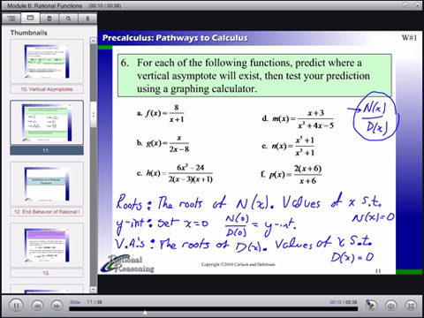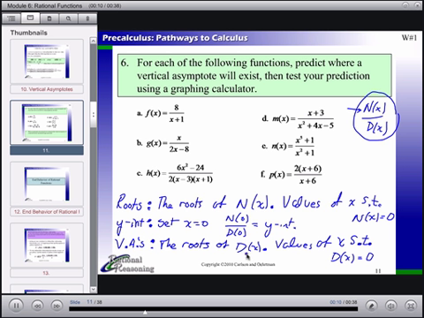Things get haywire when you try to divide by 0. If you get close to that, as we saw with some examples last time, the function either gets very, very large positive or very, very large negative close to a 0 in the denominator. And you just plain can't put a 0 in the denominator, right? So that's why there's a break in the graph. There's a break, and it doesn't exist.